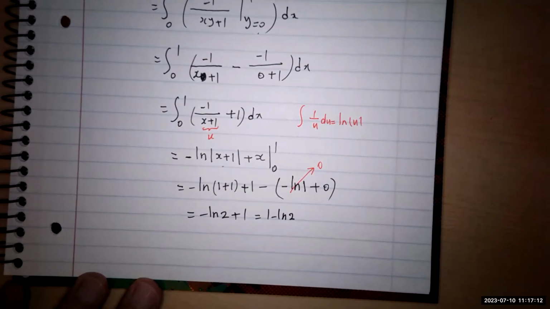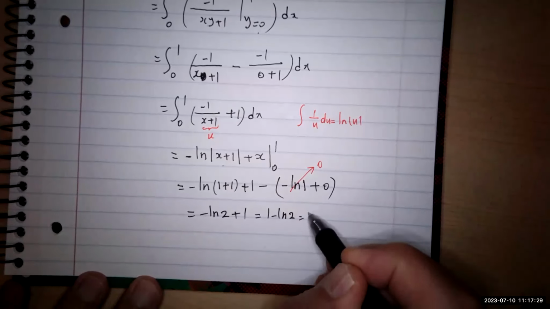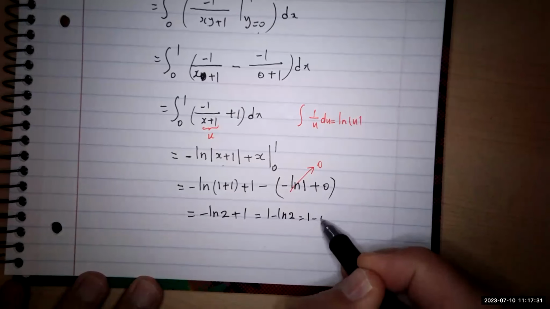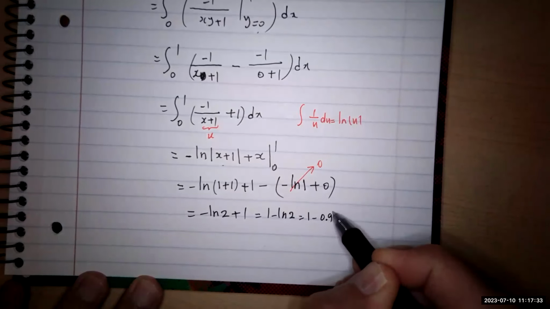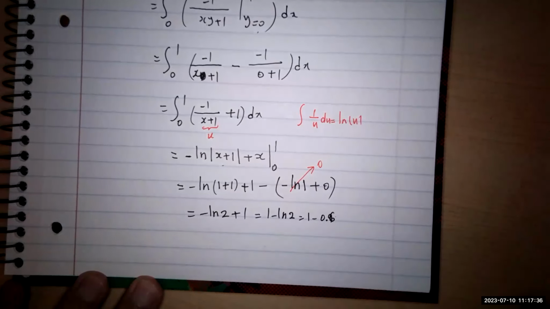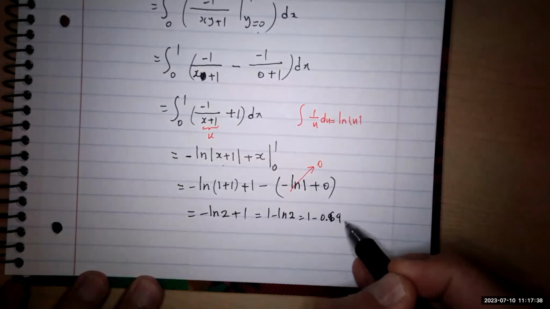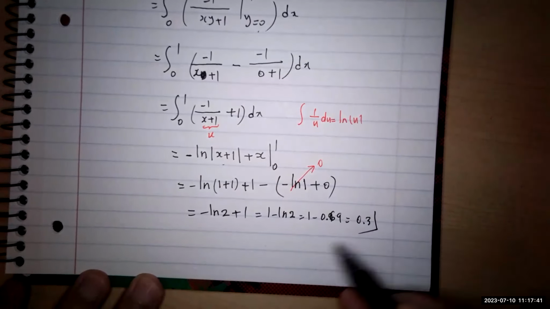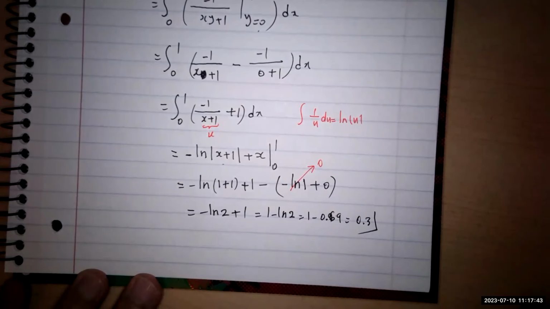It would be fine if you write it down in this form, or you can use your calculator to give us this number. ln2 is 0.69, so it's going to be 1 minus 0.69, almost 0.3. But we accept this one as well, if you give us the final answer in that format.